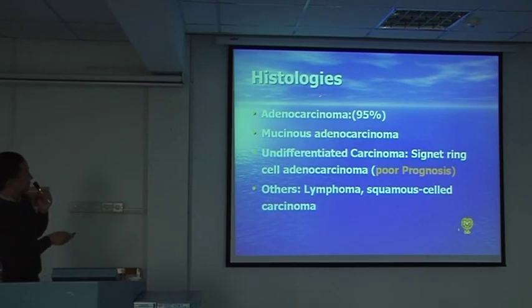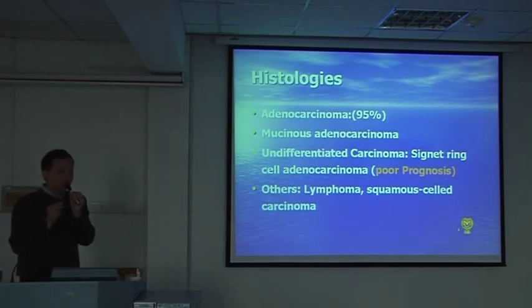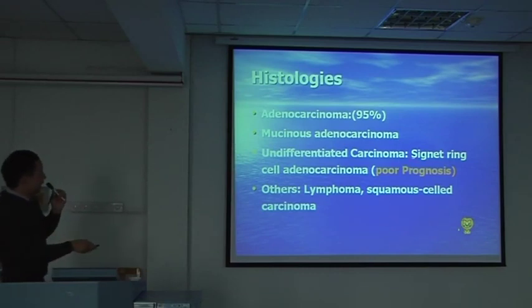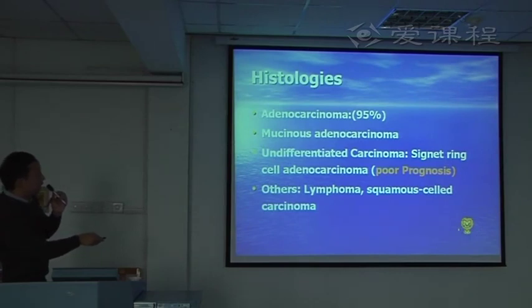So for histology, mostly adenocarcinoma. And the second is mucinous adenocarcinoma. The more mucinous the lesion is, the more aggressive, the worse for the patient, like the lifetime for survival. And the poor prognosis is undifferentiated carcinoma, signet ring cell carcinoma.